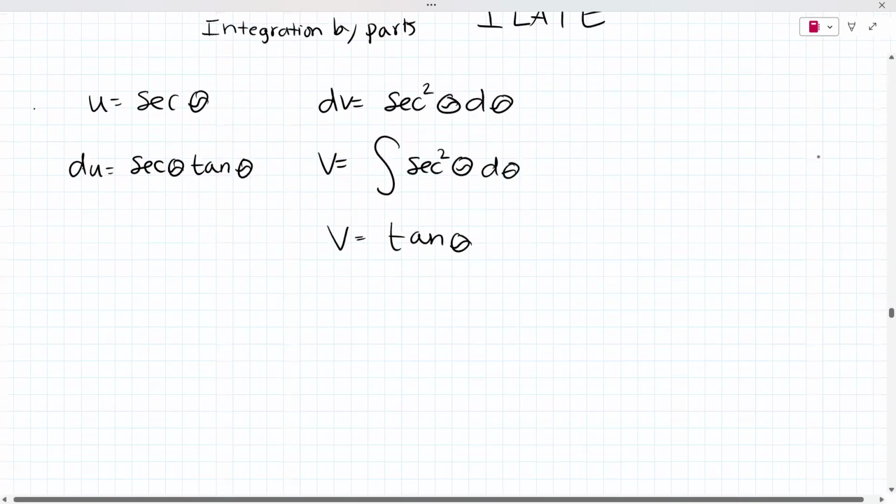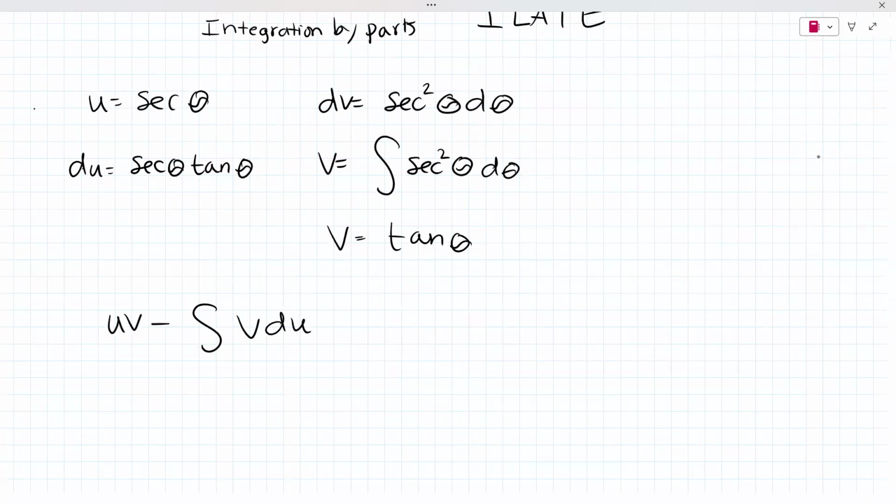So continuing with integration by parts, it's uv minus the integration of v du. So our u is secant theta, so it's going to be written as 0 to pi over 4, and then that's going to be uv minus v du.